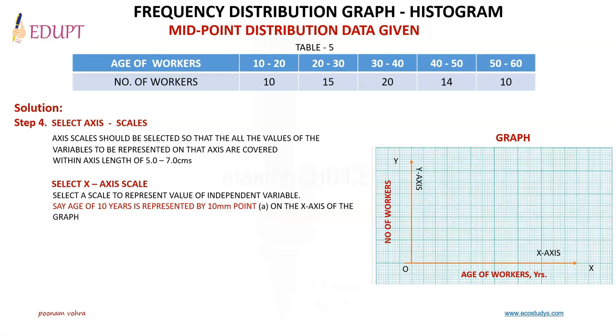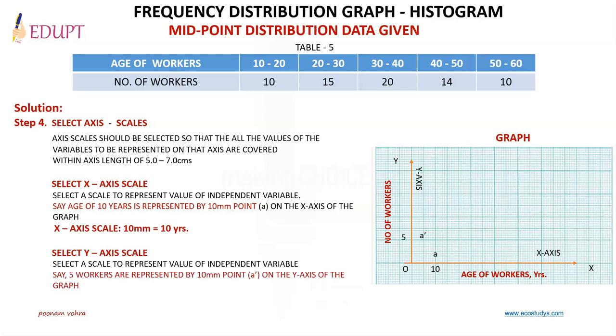Age of 10 years is represented by 10 mm point, which is point A on x-axis of the graph. So scale is 10 mm is equivalent to 10 years. Then one can select the scale for y-axis. Here say 5 workers are represented by 10 mm point represented by A dash on y-axis graph. So y-axis scale is 10 mm is equivalent to 5 workers.